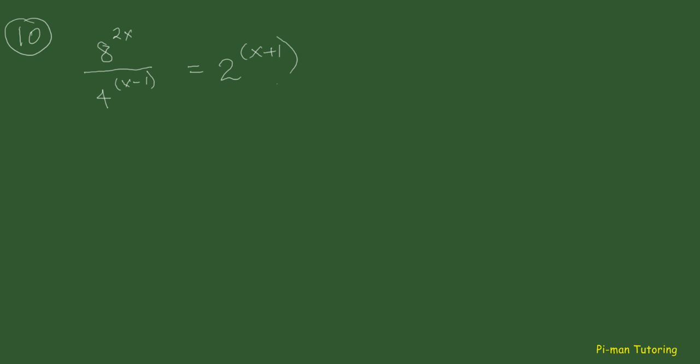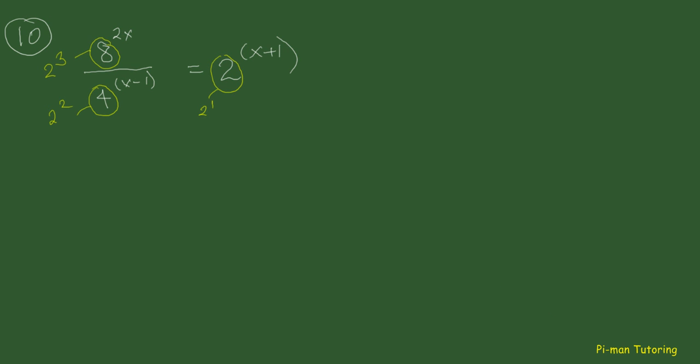It looks a bit daunting to start with, but notice that each of the bases is a power of 2. This is 2 cubed, this is 2 squared, and this is 2 to the power of 1. So we can modify this expression to be exclusively powers of 2, and that will enable us to simplify and solve.